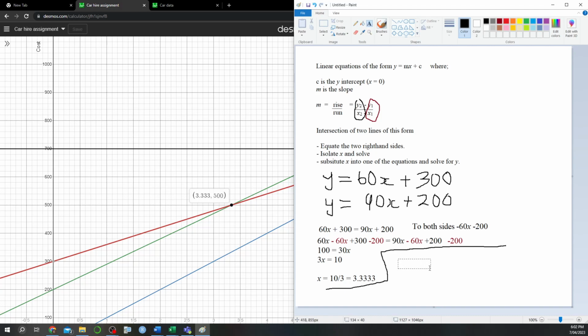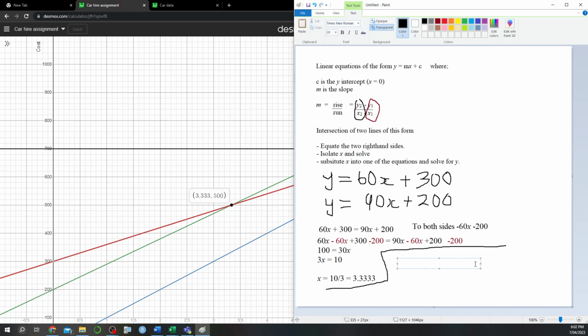We're going to do substitution. It doesn't matter which equation you substitute into, and you should get the same answer. We can check it on a calculator in a moment. Substitute x into either equation. You can do both, check.